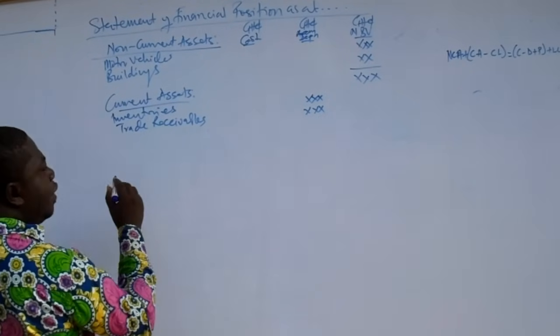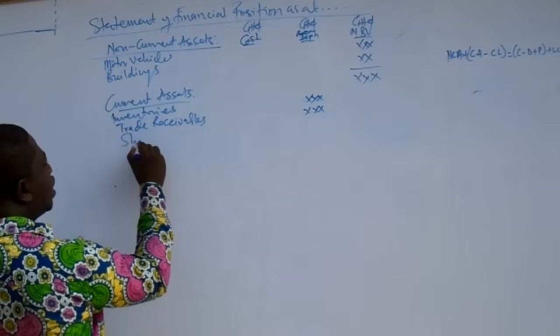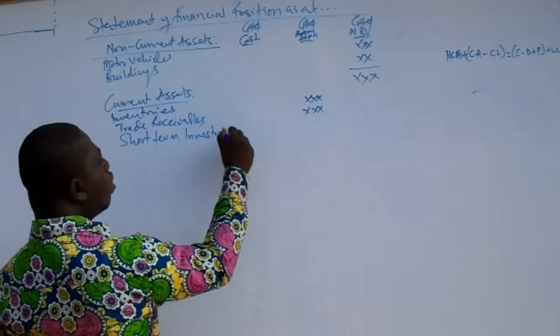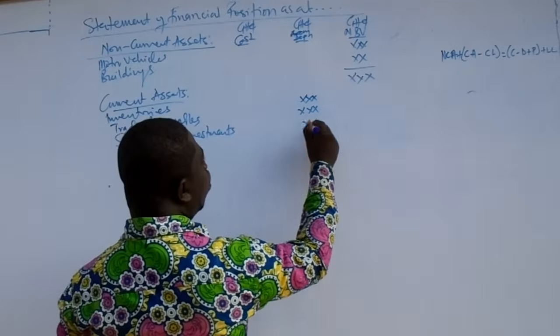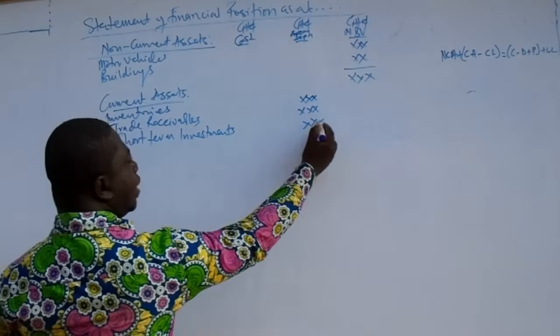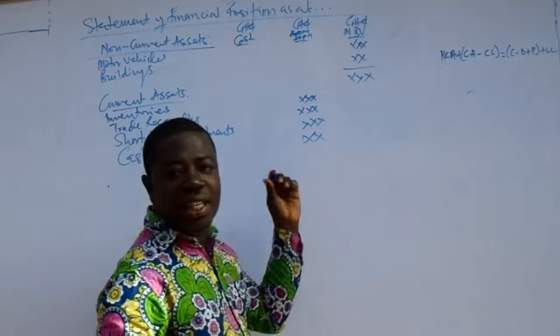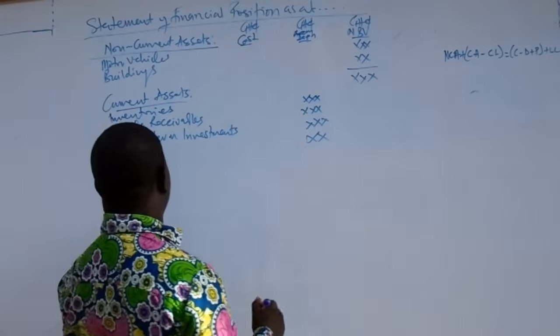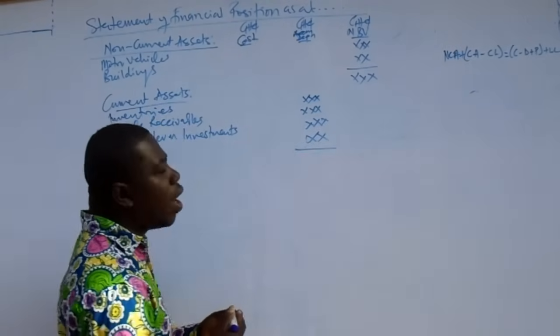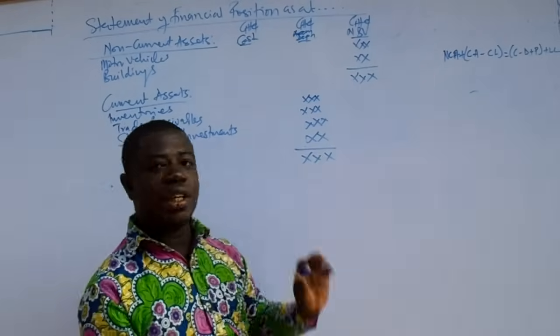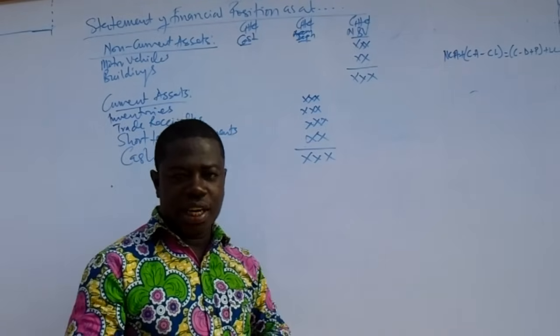And if there are any short-term investments, that will also appear. And then your cash will come, which can be your cash in hand or your cash at bank. All right, once you have your current assets, you bring the totals down just like you did for the non-current assets.